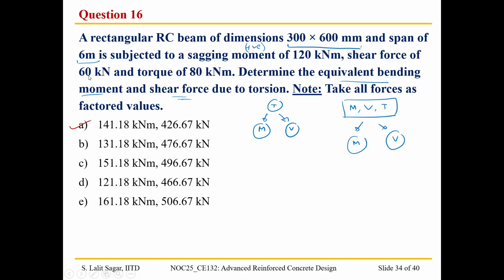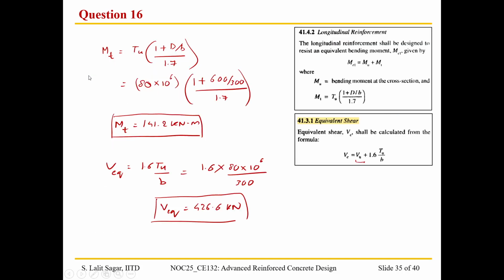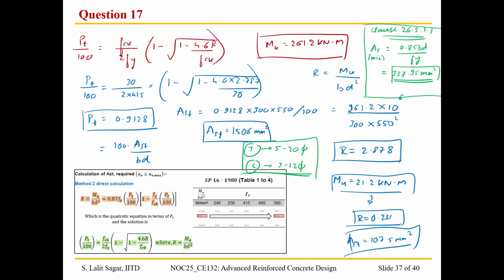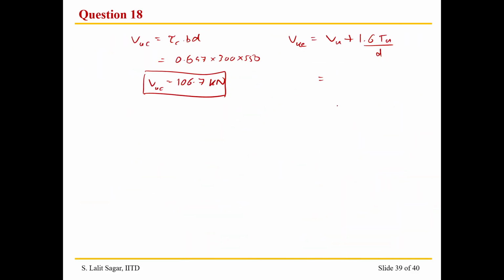For that, we need to add a value of 60 kilonewton. Okay, 60 plus 426.6. I hope that this step is clear. Sir, I hope you got this concept why we are doing this, right? Yeah, got it. Okay.